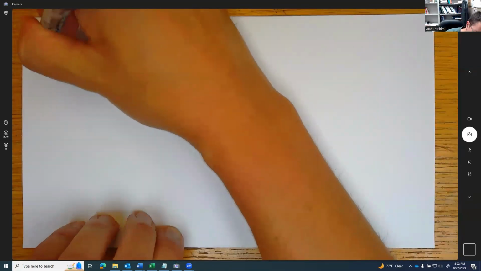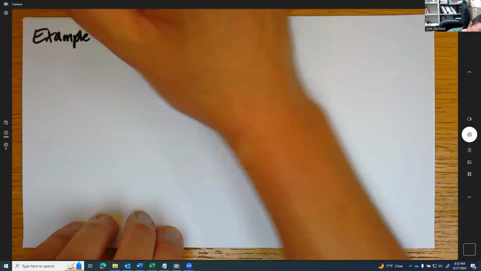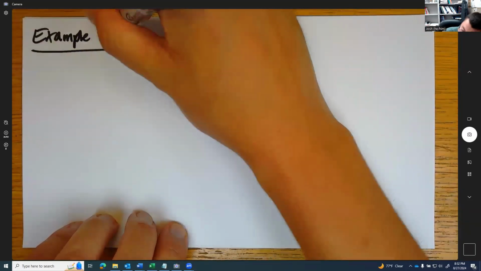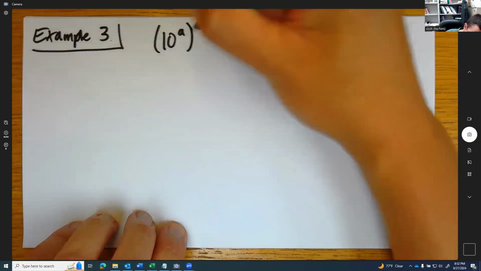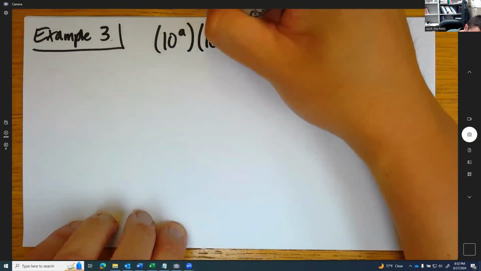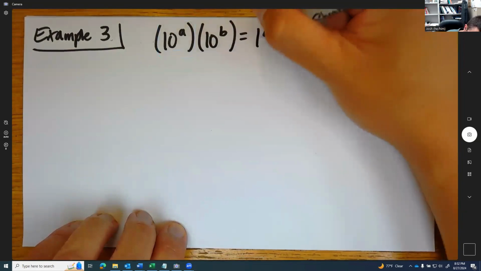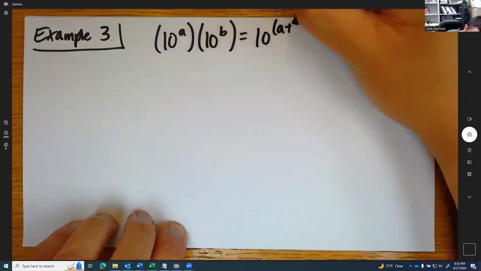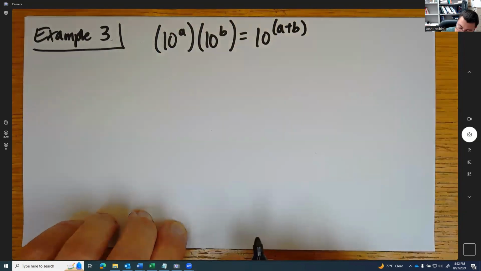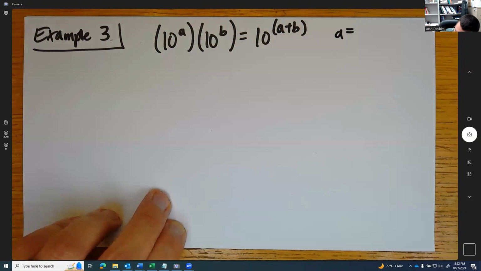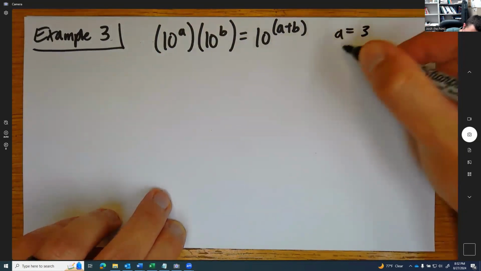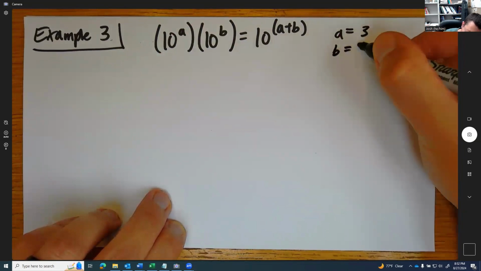All right, let's keep this moving. Example 3 was to show this to be true. Again, we could use anything, but they suggested we use a of 3 and a b of 4.